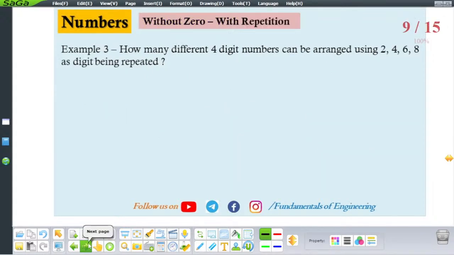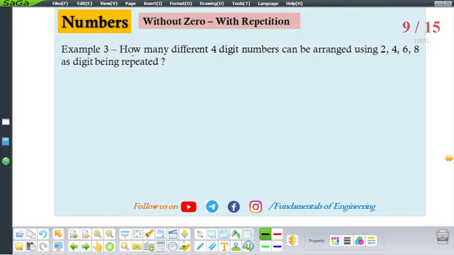Now we have seen without 0, without repetition. Now here, without 0 with repetition means whatever digits we are given can be repeated. How many times they are repeated depends on how many digits the number has.